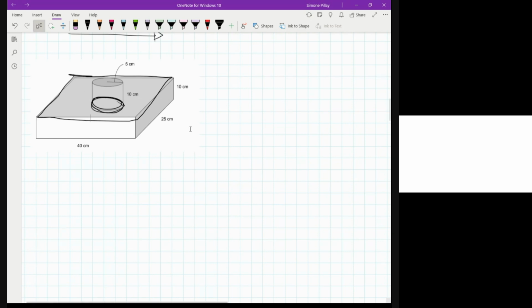Okay. So what we would do here is calculate the surface area of the rectangular prism and then minus the area of the circle. So you're going to take the surface area of your rectangular prism and minus the area of the circle.